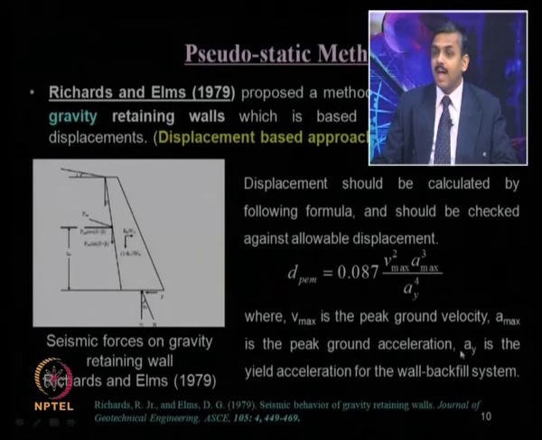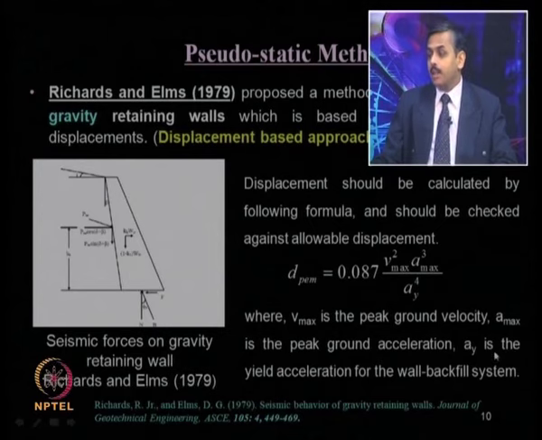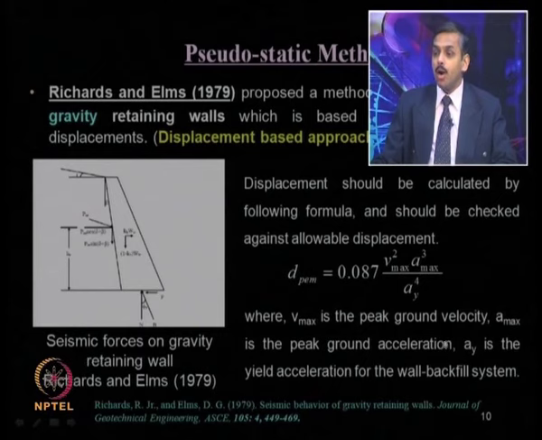Yield acceleration is that acceleration at which the factor of safety with respect to sliding of the wall equals 1. So, A y refers to that seismic acceleration beyond which, if the acceleration increases, the wall starts moving, because then the factor of safety with respect to sliding will be less than 1, right.